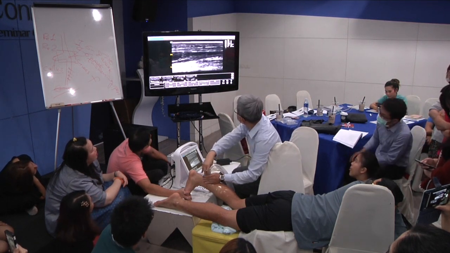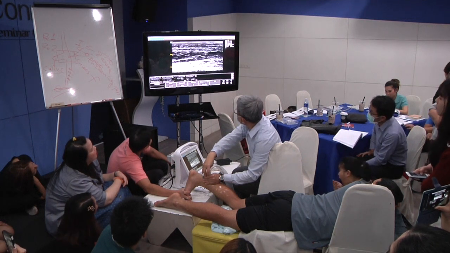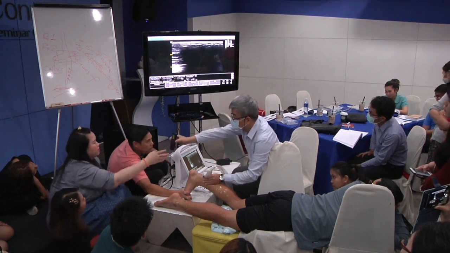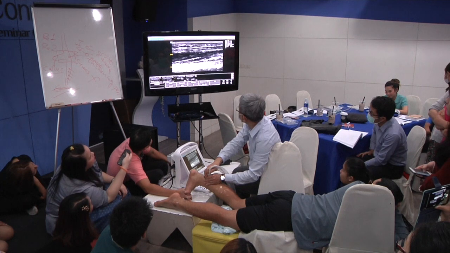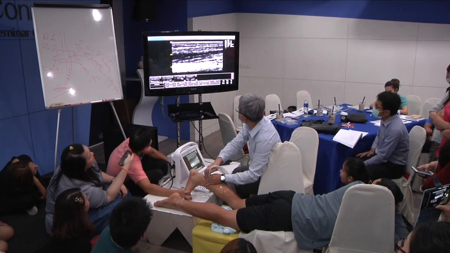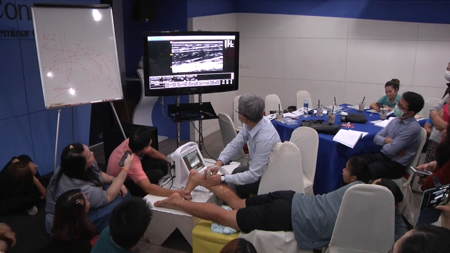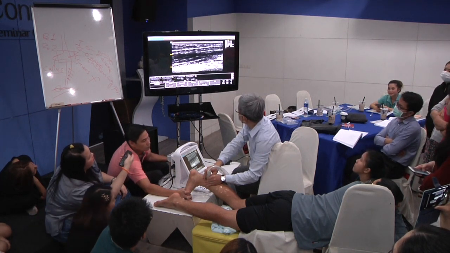Okay. Longitudinal view. Can you use the pointer for me? Okay, if I use the floating scale, Pimongkong, you need to help me to hold his foot. Yes, thank you.